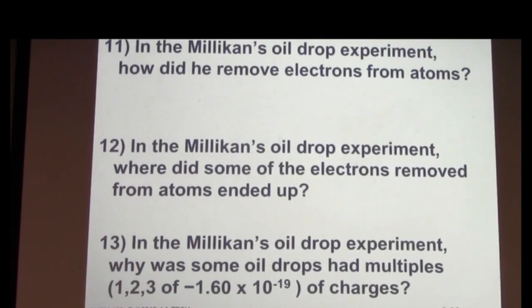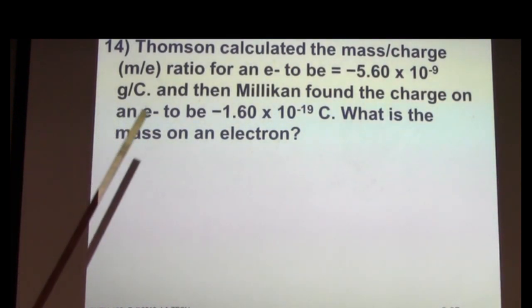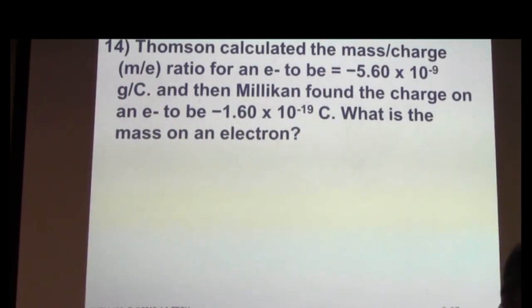So after he got that, Thomson calculated the ratio of mass to charge as 5.6 times 10 to the negative 9. How do you get the mass of the electron? Okay, here is the idea.